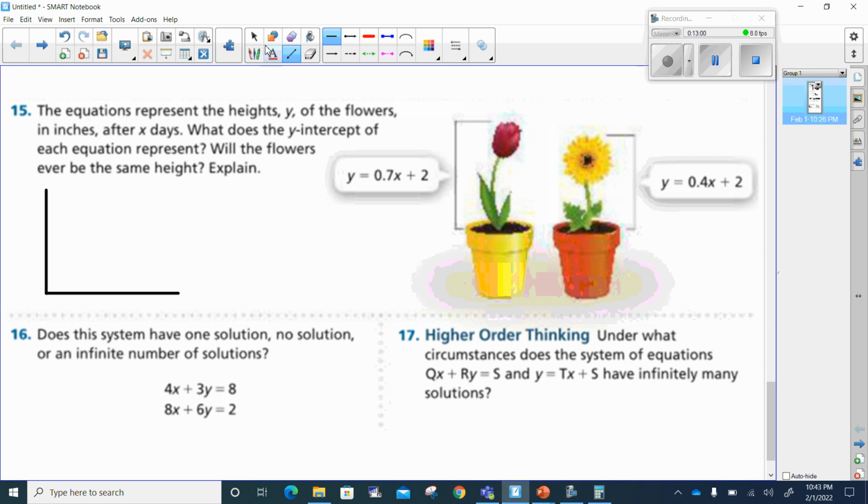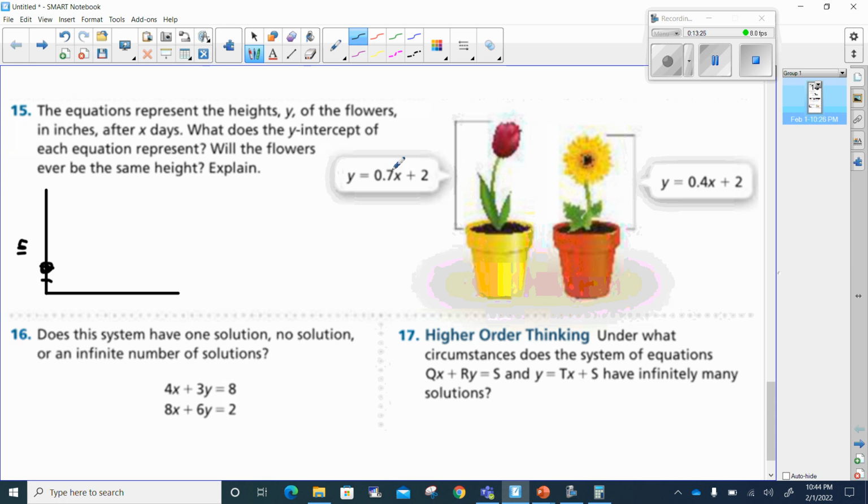So if both of these are 2, and we're talking, it doesn't really say inches or anything, does it? Let's see. Oh, inches, good. Then that means this is height in inches. So both of these start at 2 inches because they're both positive 2 at the end.